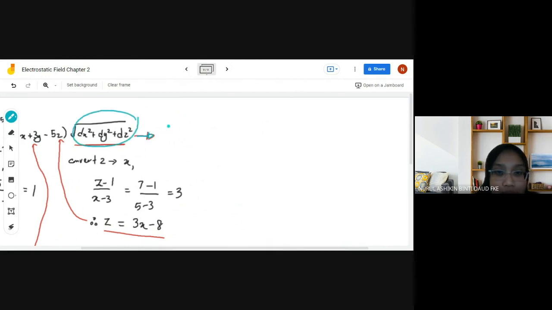We can rewrite the equation as dx times the square root of 1 plus dy over dx squared plus dz over dx squared. Do you agree with me? We can rewrite this into this, where we factorize the dx.